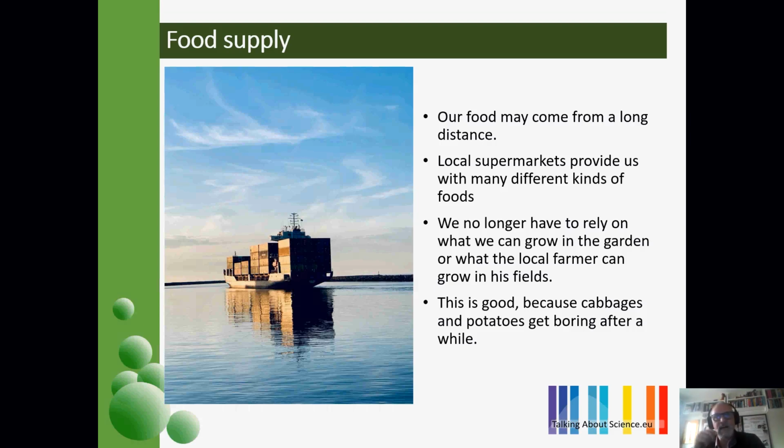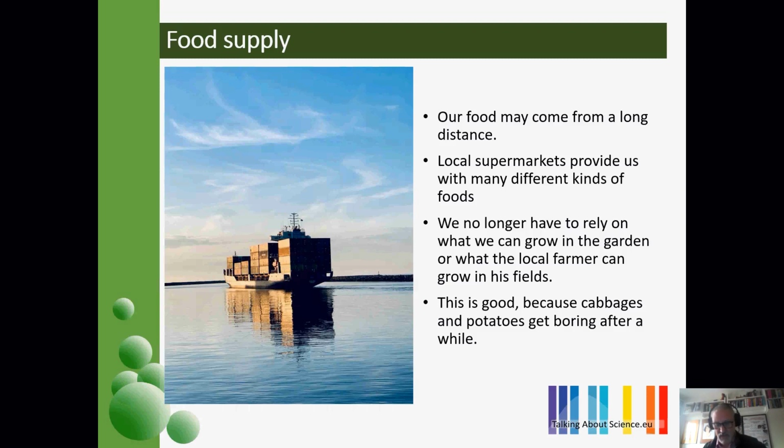If you add in factors such as seasonality, you are not able to access all of the different types of food you would need for a healthy, balanced diet, just relying on what comes from the local fields. And some people live in areas where there are no local fields.